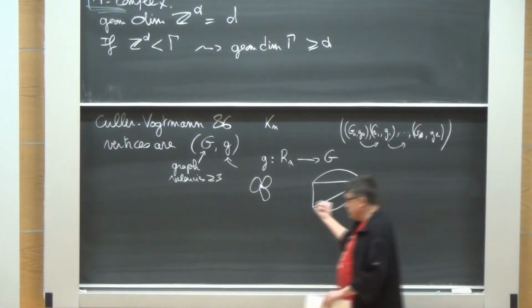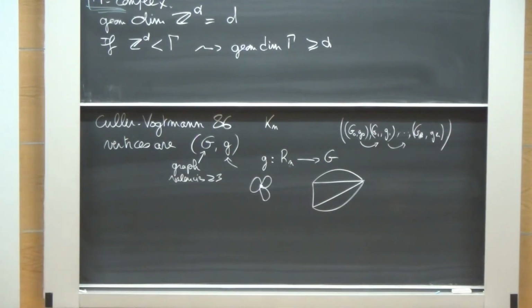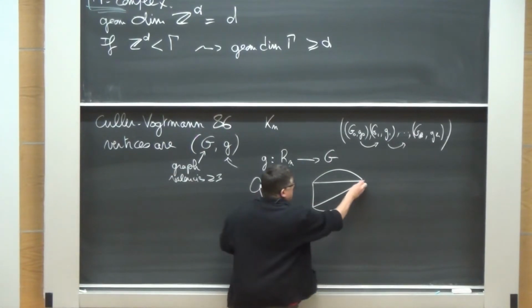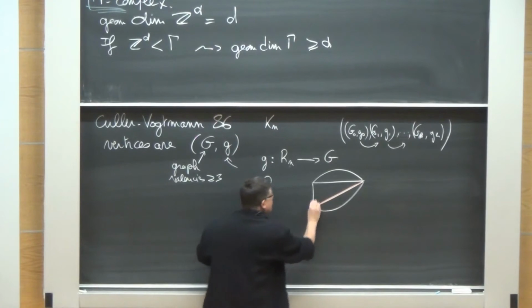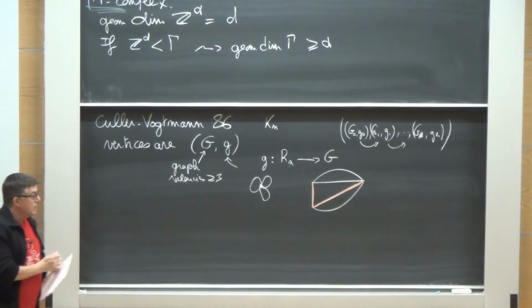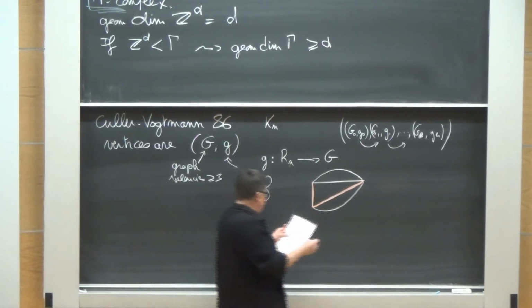Okay? So this is for n equals 3. I choose, say, this as a forest, and then I can collapse.